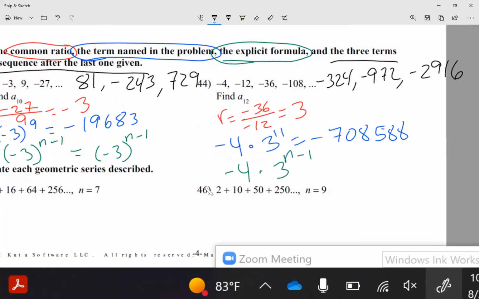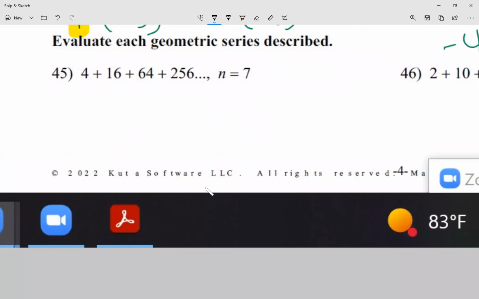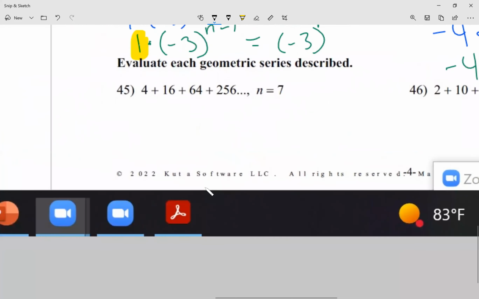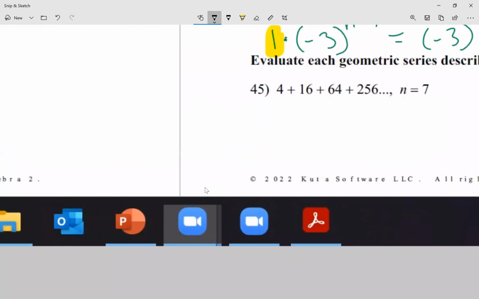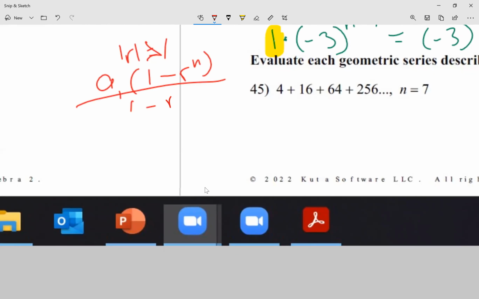Another thing we learn is how to evaluate them. When the absolute value of my ratio is more than 1, the formula I use is the first number, inside parentheses, 1 minus r to the n, over 1 minus r.